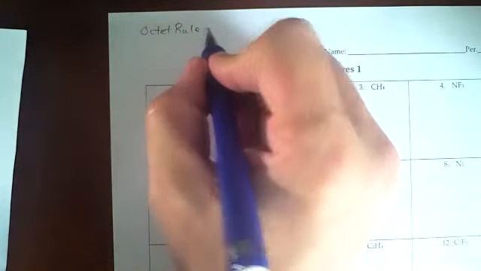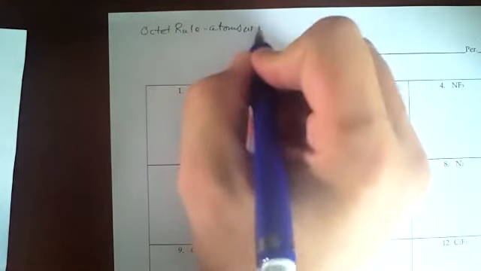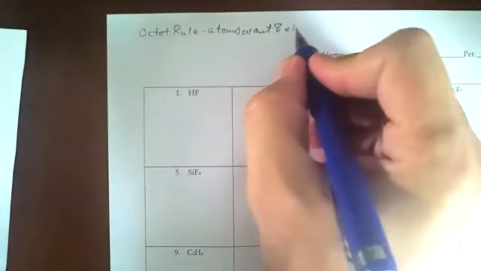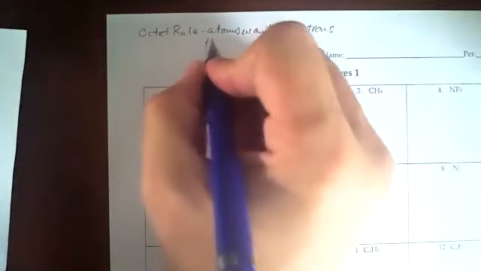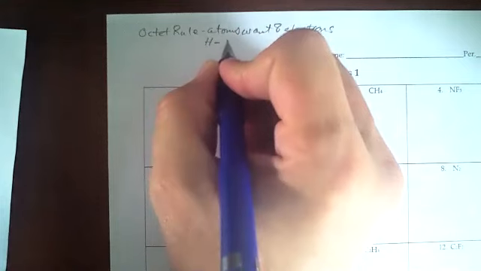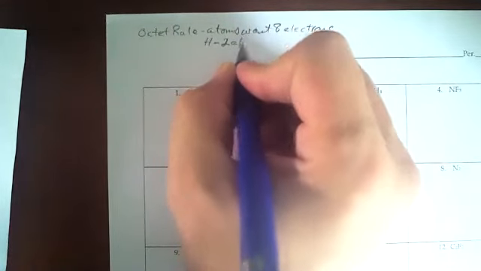And we're looking at atoms wanting 8 electrons, except H, which only wants 2 electrons.